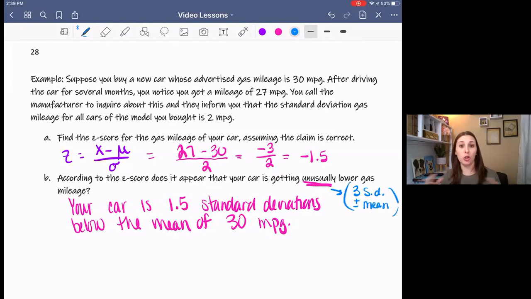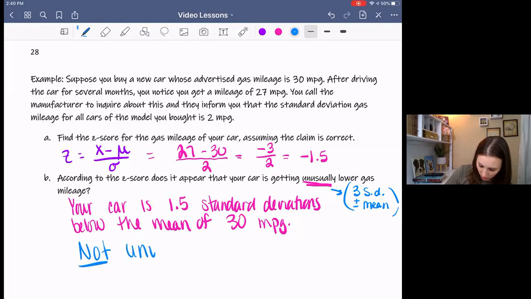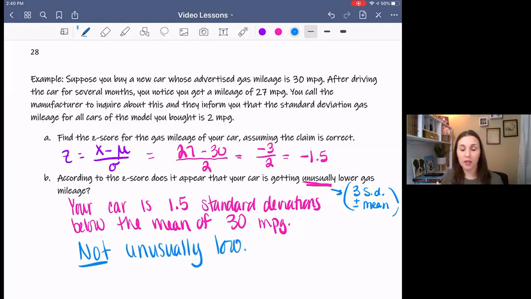That would be unusual. So in this case, your car is only 1.5 standard deviations below the mean. While it is below the mean, you are getting less gas mileage. It is not unusually low. I would guess that if it were like negative 3.5, maybe there's something wrong with the car, you'd take it back in and they would probably get it fixed.